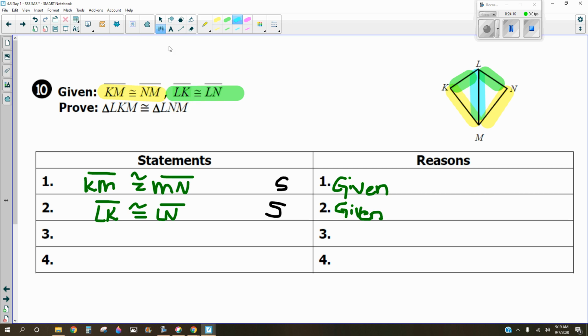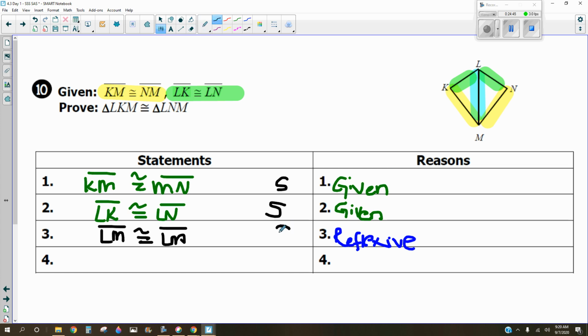This thing down the middle would be LM. So the LM on the left triangle is congruent to the LM on the right triangle. And that's the same on both, so that's reflexive. Reflexive.